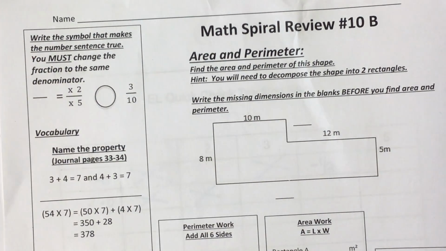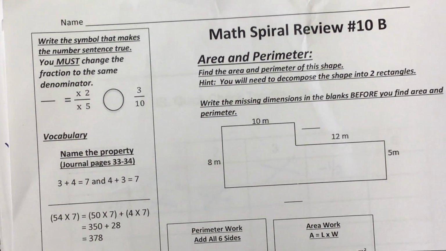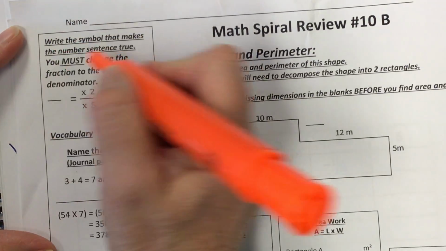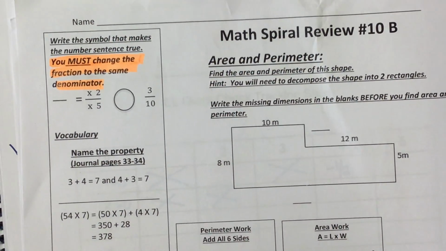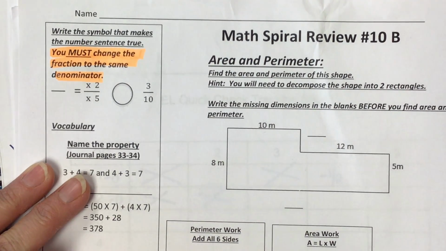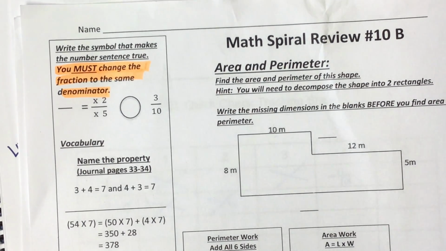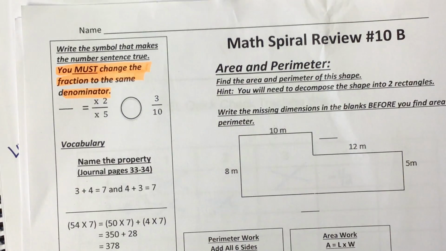Okay, the first part says, write the symbol that makes the number sentence true. You must change the fraction to a fraction with the same denominator. Every week, I still have people who are not giving me an equivalent fraction. So remember, to find an equivalent fraction, what do we need to do? Everybody say it with me.